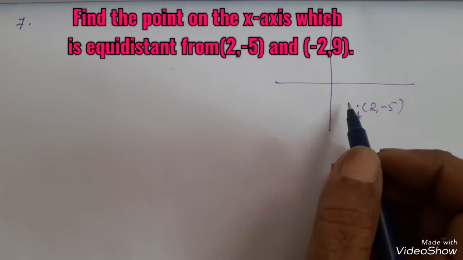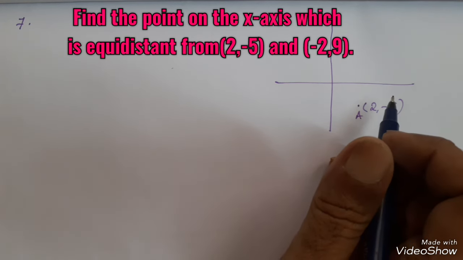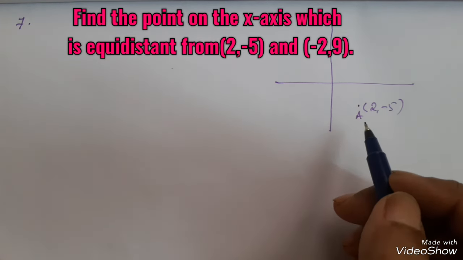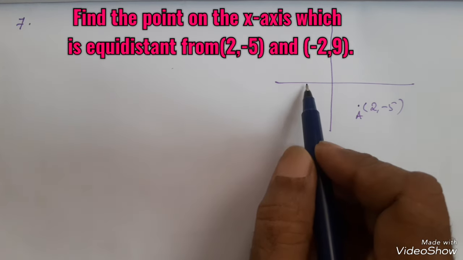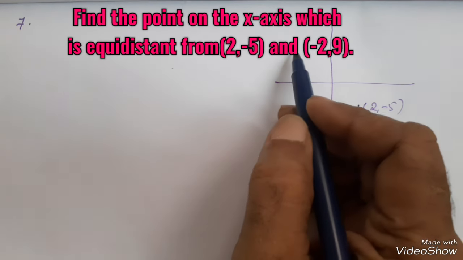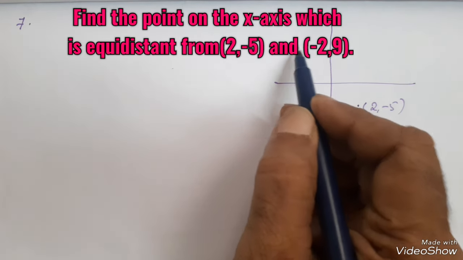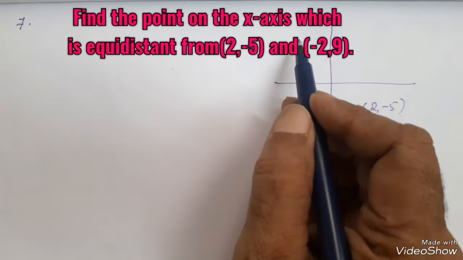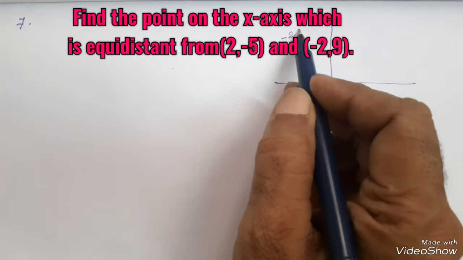And one more point is minus 2, 9. Suppose somewhere you take it here, anywhere, no problem.